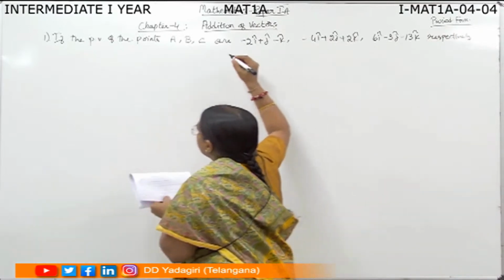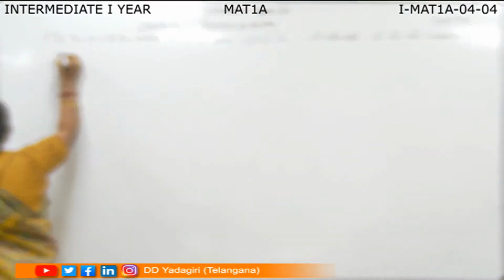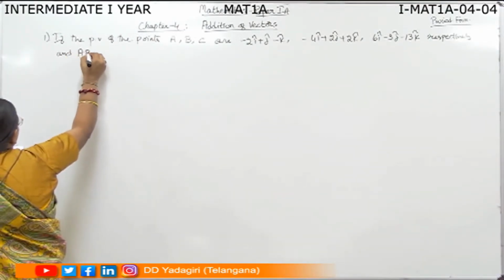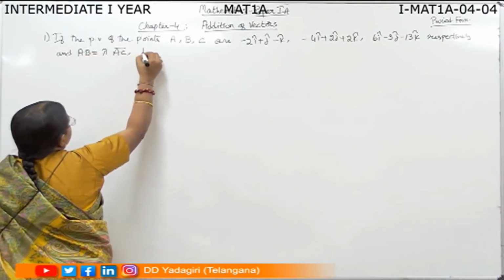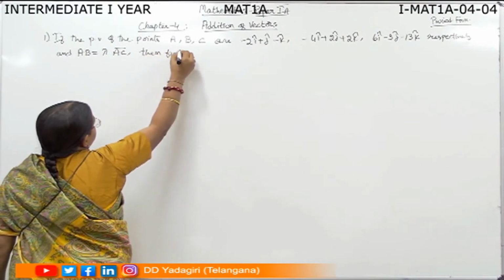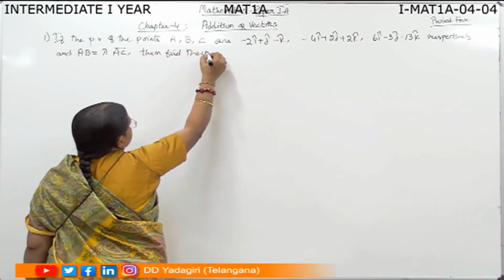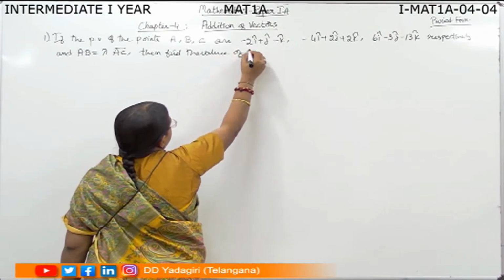One more condition is given, that AB is equal to lambda times AC. Then find the value of lambda. That is the problem.